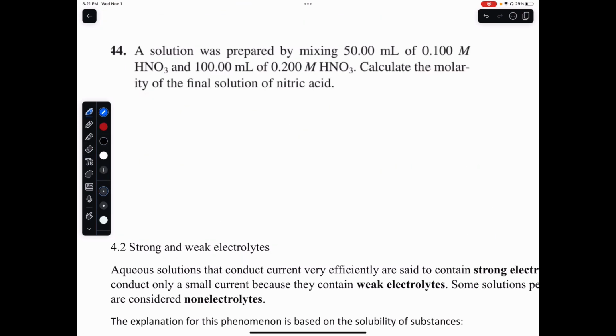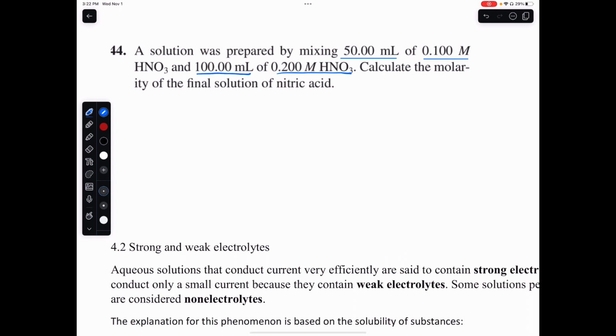A solution was prepared by mixing 50 milliliters of 0.1 molar and 100 milliliters of 0.2 molar. Calculate the molarity of the final solution. This is a different type of problem. How should we approach it?